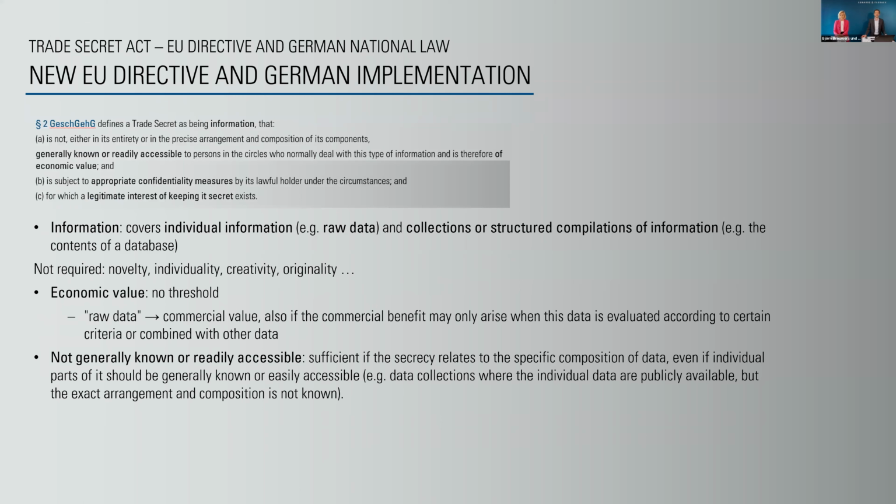You see from the definition that information does not seem to have a big threshold, and therefore raw data is also information, as is the collection and structure of certain information used in these digital areas. What is not required is that it is new, individual, creative or original.